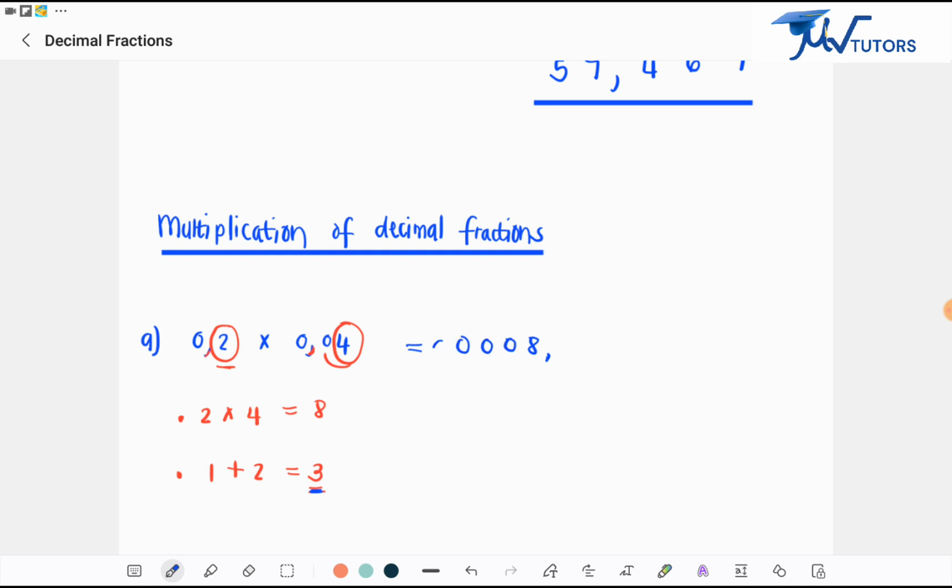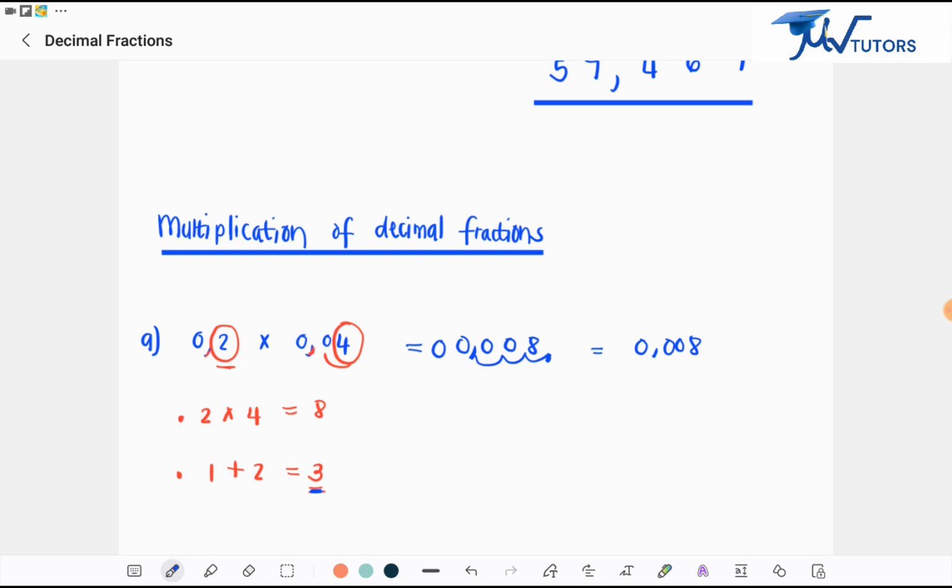I don't know how many I need, but I'm just going to add zeros there. So if I have the decimal comma at the end, I can then say 1, 2, 3. Okay, so basically then my answer becomes 0,008. Okay, that is my final answer.